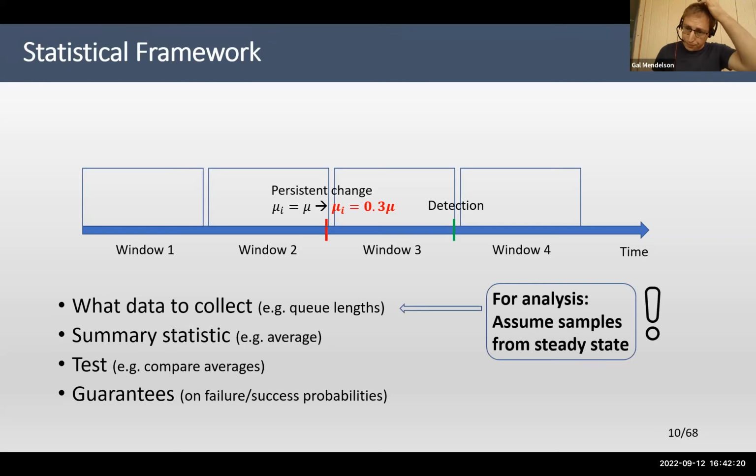Now, importantly, for the rest of the talk, at least for the theoretical part to make sense, when we think about collecting data in the analysis, we think about sampling independently from steady state distributions. Clearly, this is not really the case when you apply a time window in an online fashion in a queuing system.